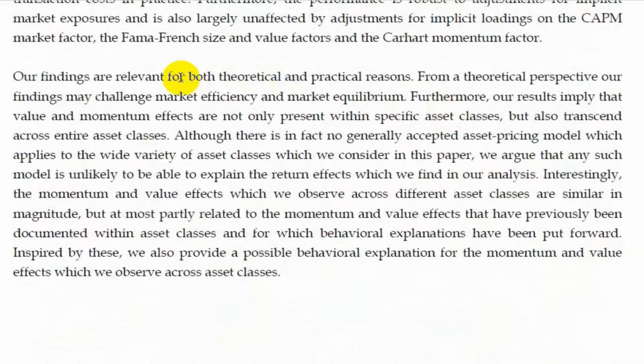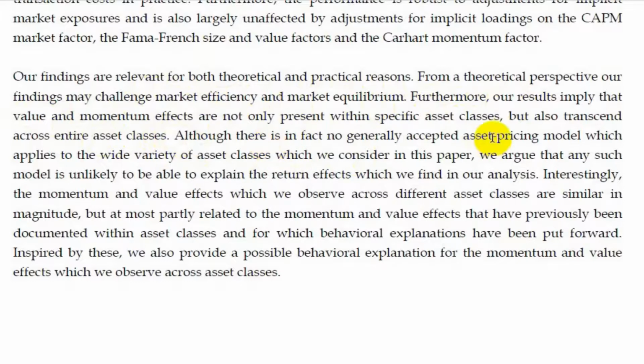And the authors suggest that their findings are relevant for both theoretical and practical reasons. From a theoretical perspective, their findings may challenge market efficiency as well as market equilibrium. And they find that momentum and value factors aren't just present within specific asset classes, but they're also across entire asset classes.